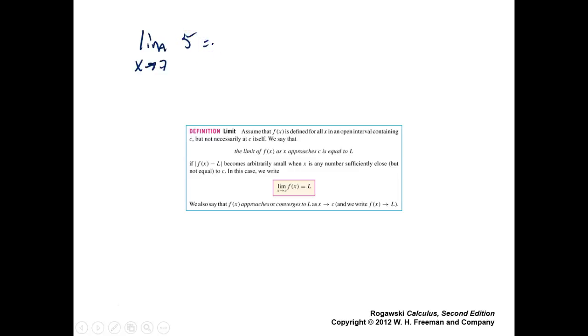What do you reckon that might be? f of x is equal to 5.